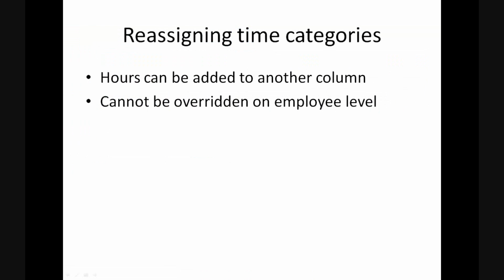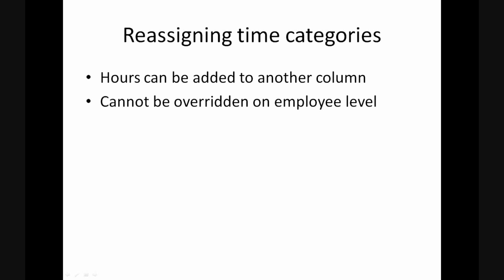You can also reassign time category hours. As an example, after your extra hours have been calculated, in other words, all the time worked before your expected start time, you can go and reassign those hours and add it to, for example, your normal time category or your overtime category.